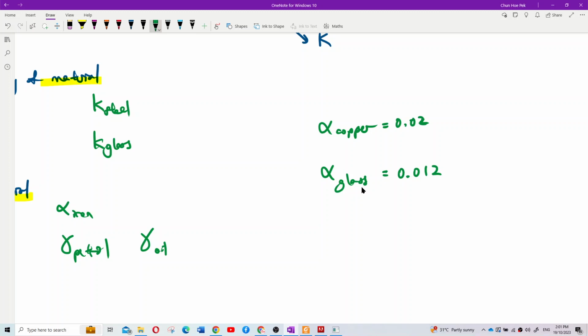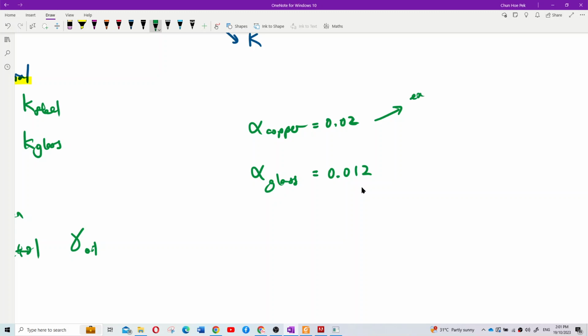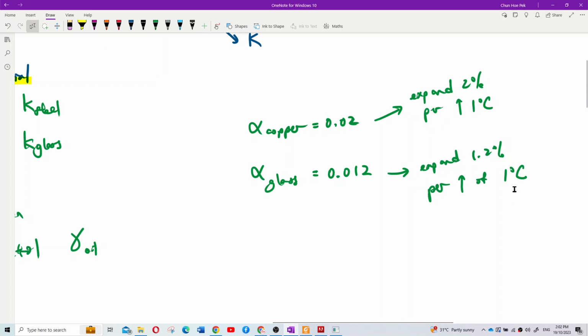So copper can expand 2% per rise of 1 degree Celsius, but glass only expands 1.2% per rise of 1 degree Celsius. You understand, class? Different materials expand differently when heated up.